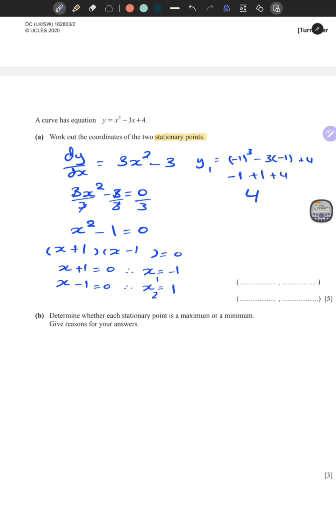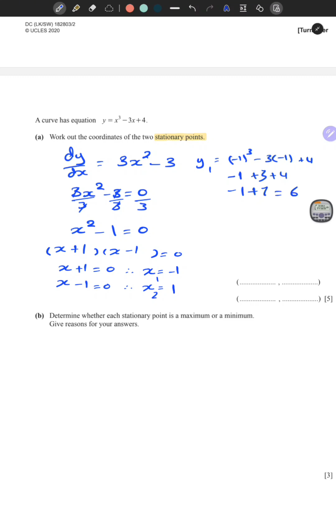Alright, sorry. This should be minus 1, then plus 3, so minus 1 plus 3 and then plus 4. Right, so minus 1 plus 7, which is equal to 6.